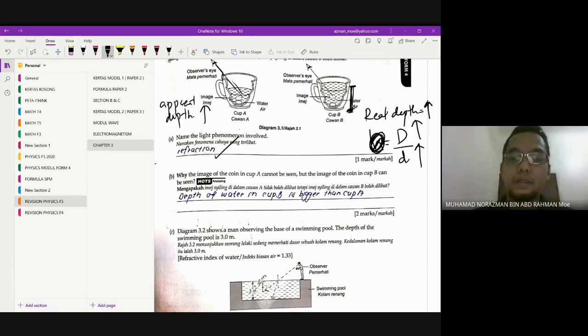Okay, so why the image? So depth of the water is bigger, correct? Tapi ni baru dapat satu markah. So we need to add one more.